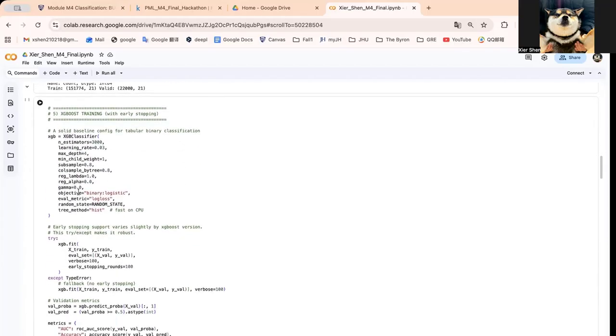To prevent overfitting, I implemented early stopping. Early stopping monitors validation log loss and stops training when performance stops improving. This reduces overfitting risk and improves generalization performance.